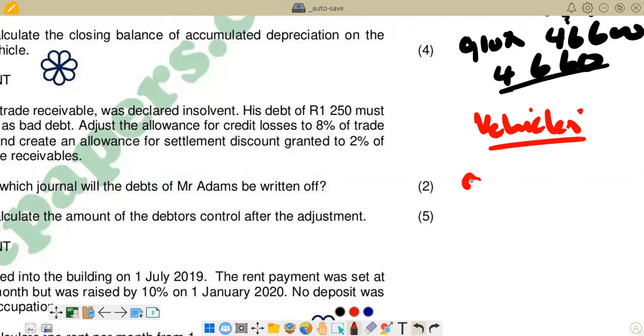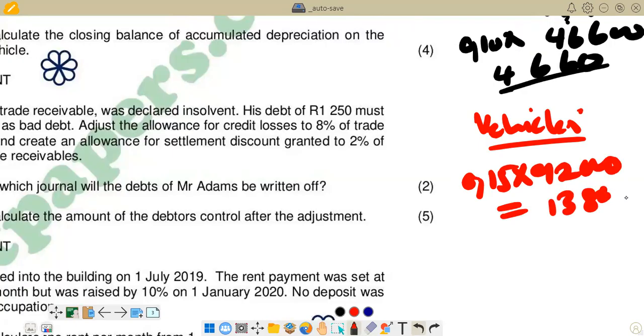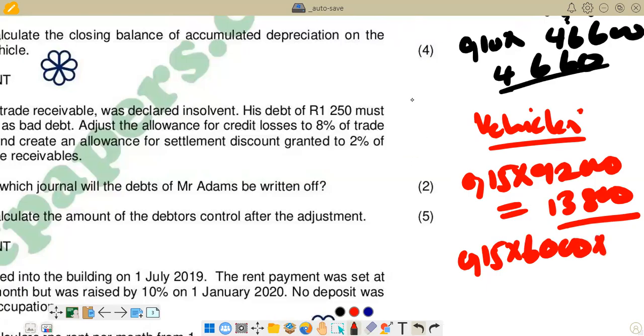So we are saying 0.15, then you multiply by 92,000. Then you get the depreciation of the vehicle that stayed the whole year, which is now 13,800. And then the one that came during the year stayed 5 months, and the rate is 15%. Then you multiply by 6,000, and then you multiply by 5 over 12.